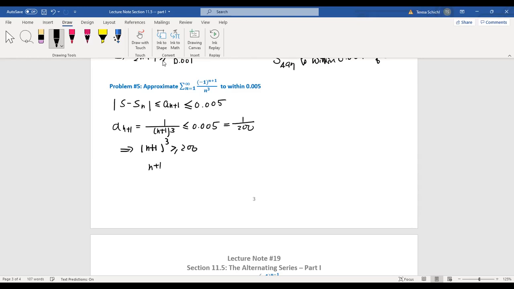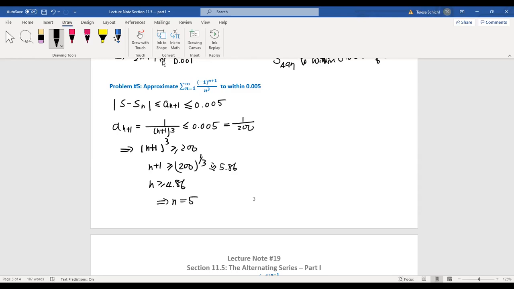Then n+1 is greater than 200 to the 1/3, right? 200 to the 1/3 is close to 5.84. So n is greater than or equal to 4.84, so we can take n equal to 5.